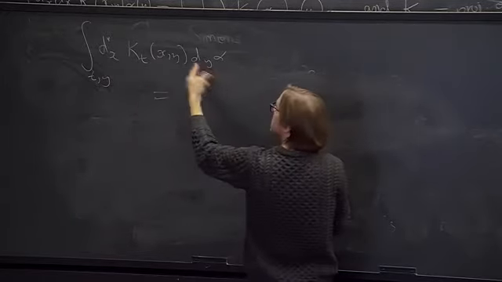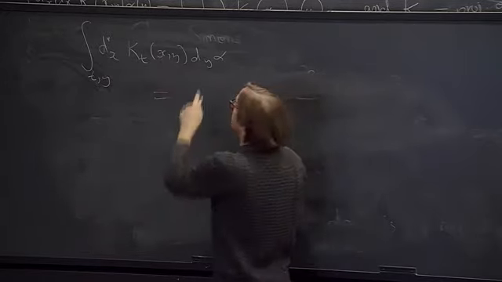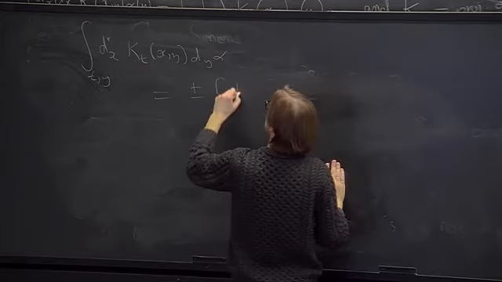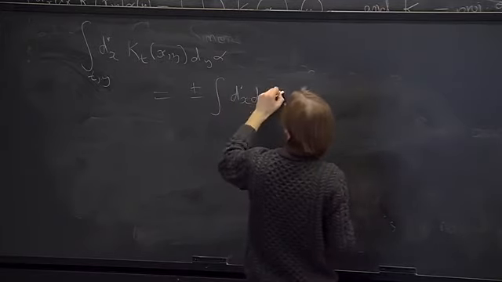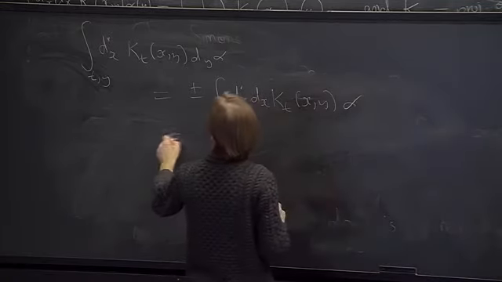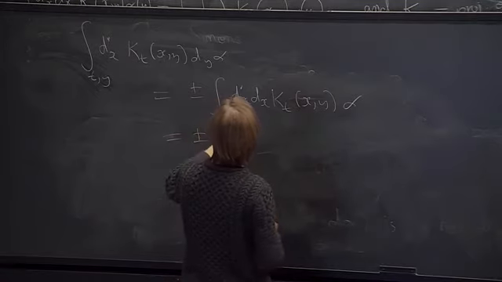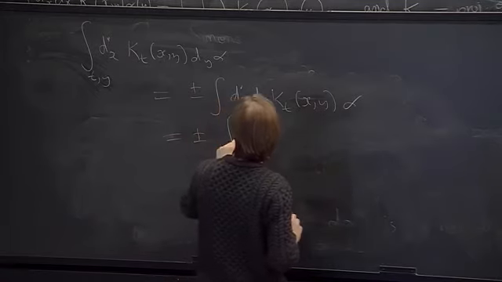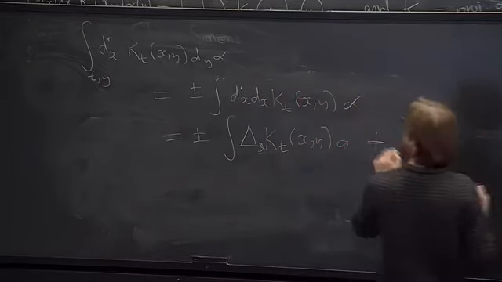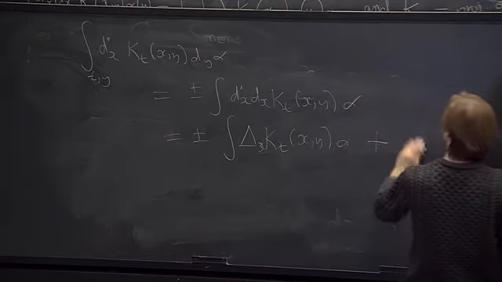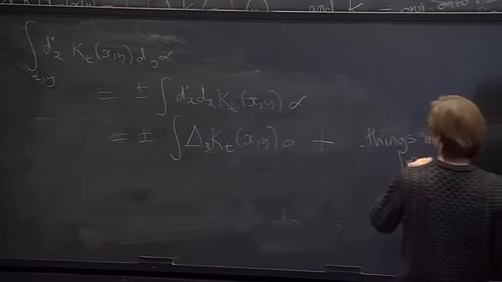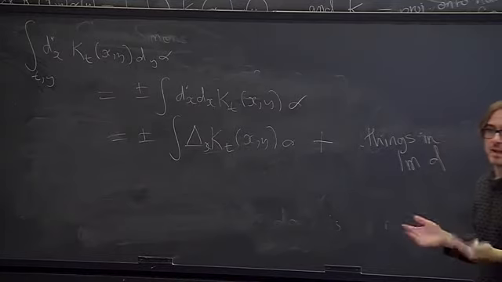By integration by parts, I bring this over there to an X, and then I make it act on the X variable. That's plus or minus the integral of B star X dx A T X Y alpha. So this is plus or minus the integral of the Laplacian kernel alpha plus stuff, things in MD, which we can't possibly have.